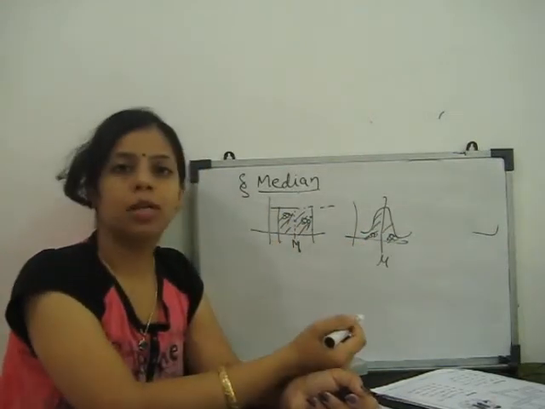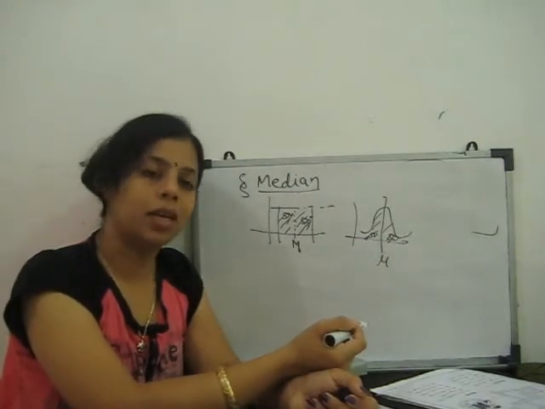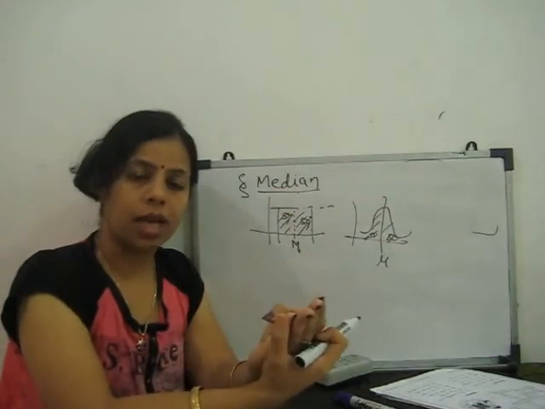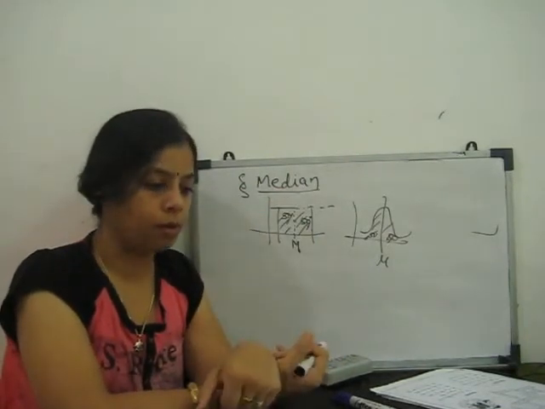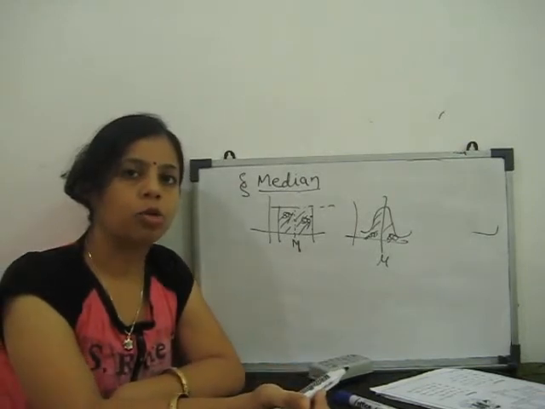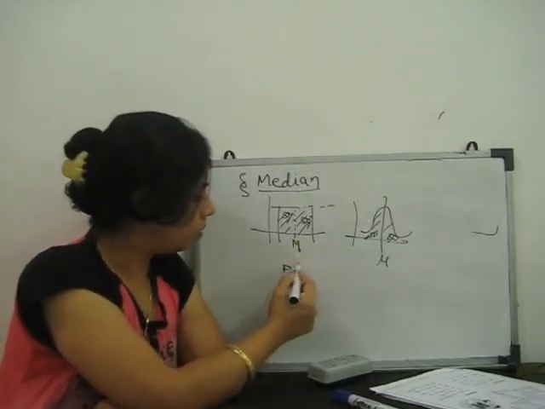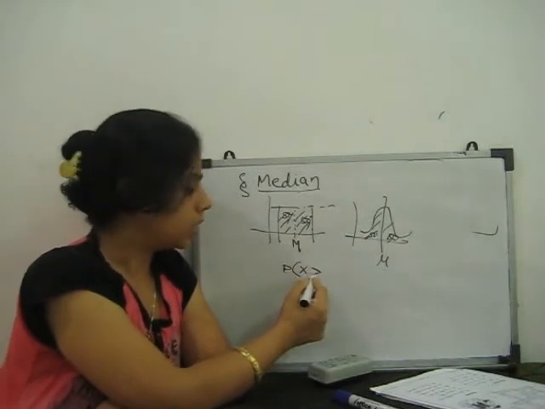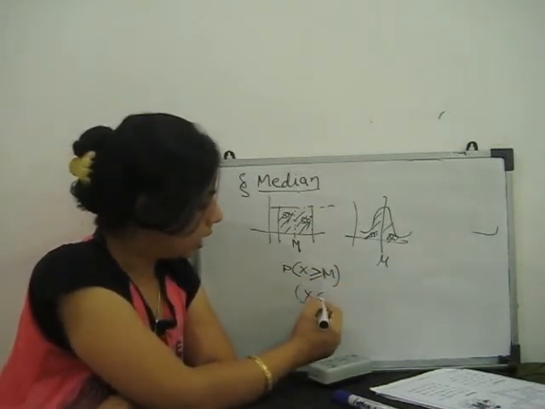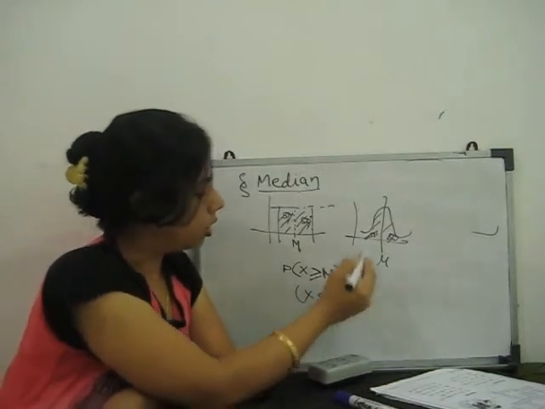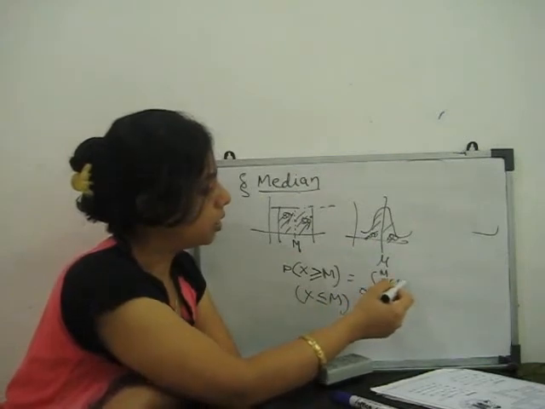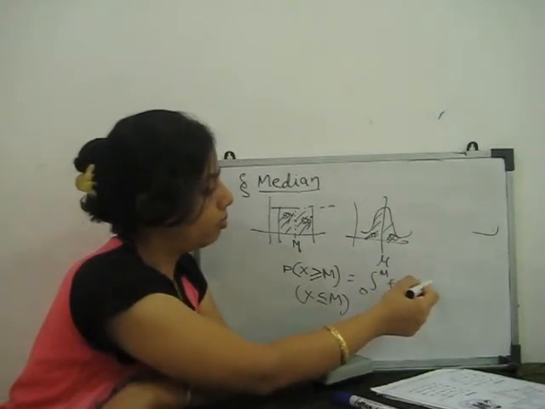So in a continuous random variable, the median also divides into two halves, whether exponential or uniform curve. So how do we find the median? If x is less than or equal to the median, then 0 to m f(x) dx is our probability density.